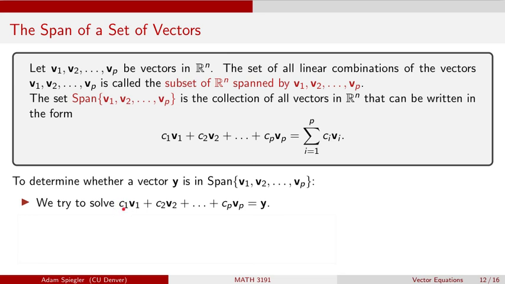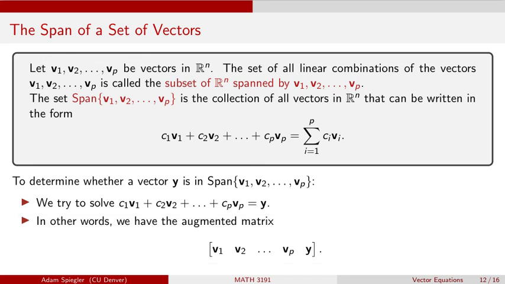So can I find some scalar c1 that I multiply by the vector v1 and then add some linear combination of the other vectors? Is it possible to wind up with y in the end? If this system of equations has a solution, then yes, y would be in that span. If this system of equations does not have a solution, then y would not be in that span.